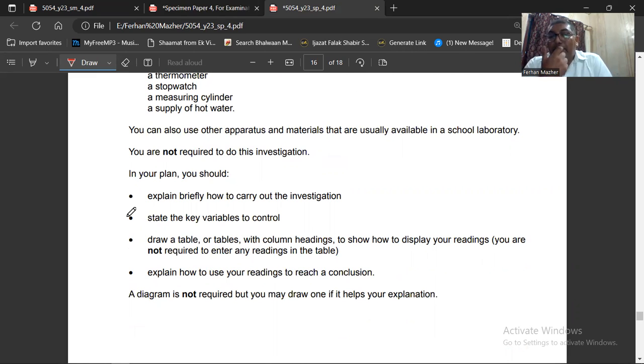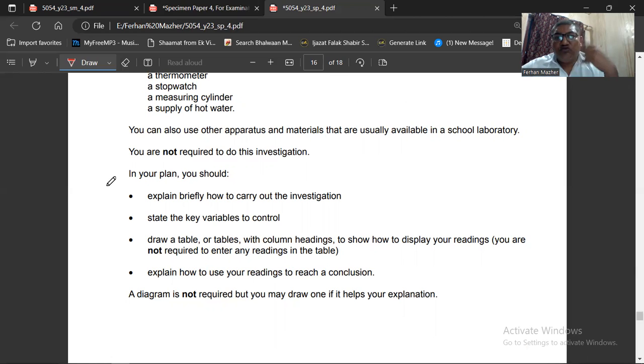So how will you reach the conclusion? By changing the air gap, the air gap which takes less time for the same change in temperature, in that air gap the cooling rate is the fastest.